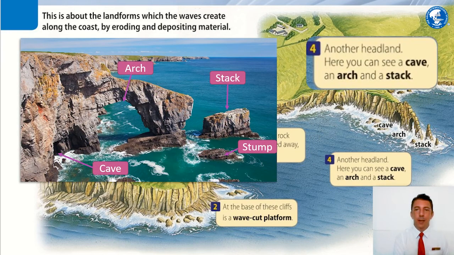Here is another headland, and this one has been quite eroded, and we can see a cave, an arch, and a stack. Also below the stack is something called a stump. This is when the stack has been eroded lower and lower, and now it barely sticks out above the water.